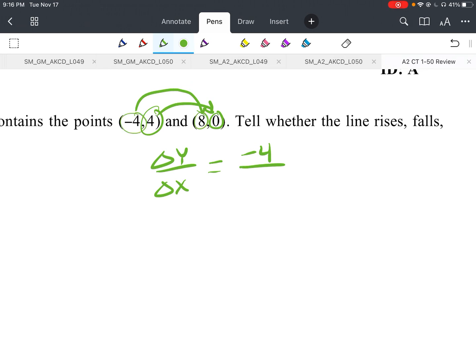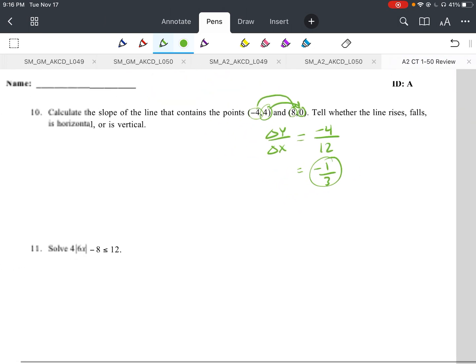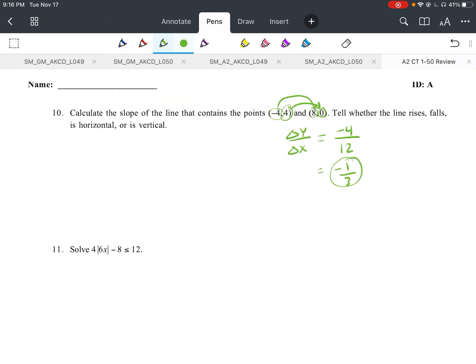So negative 4 to positive 8, that's an increase of 12. So negative 4/12, let's reduce that. 4 goes into 12 3 times, so this is negative 1/3. So there you go, negative 1/3, and the line falls and is not horizontal or vertical. That's the slope.